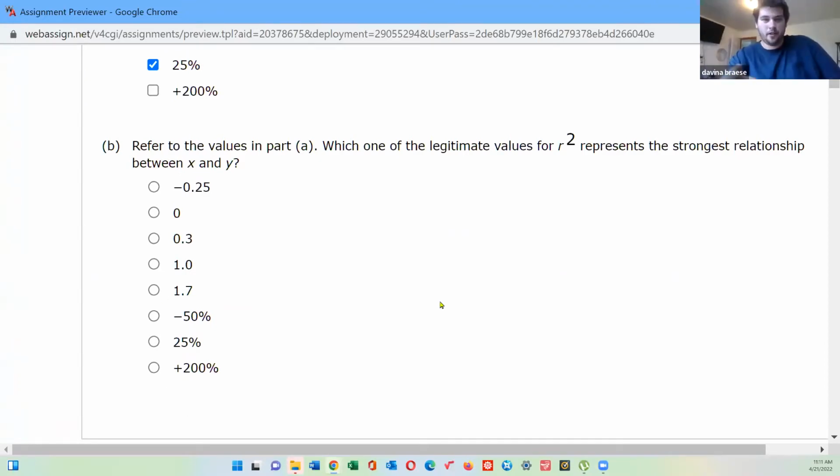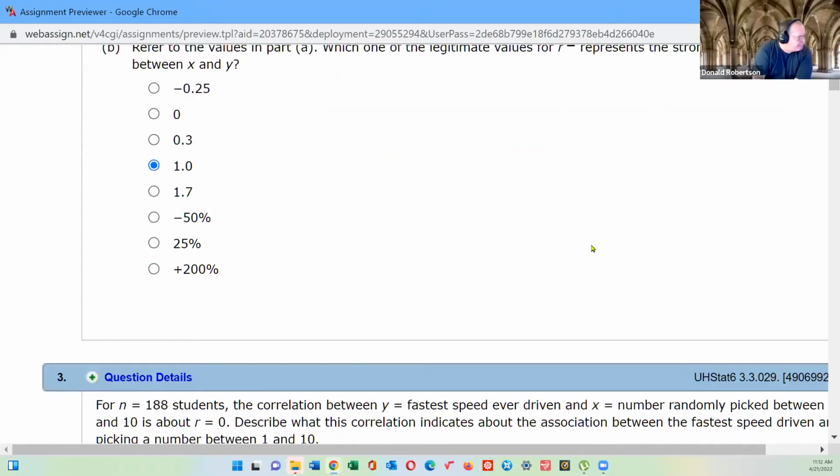So the correlation R can only go from -1 to 1. And R squared can only go from 0 to 1, or 0 to 100% if you do percentages. So which one of them is the strongest? 25% to 1. Yes. That's the answer.